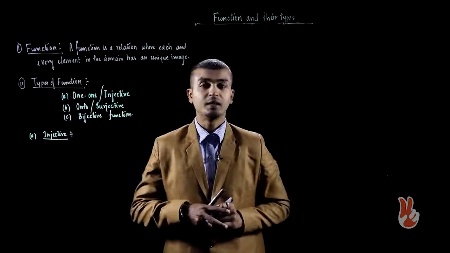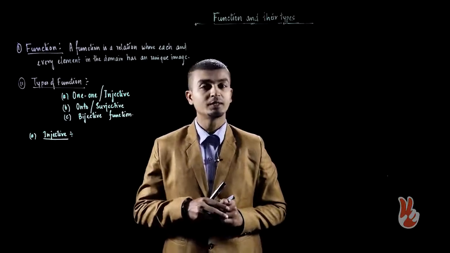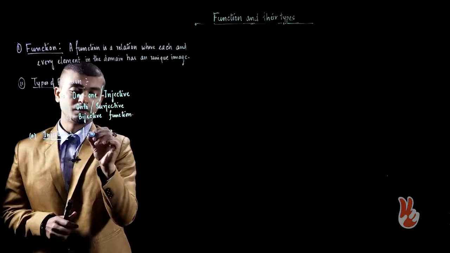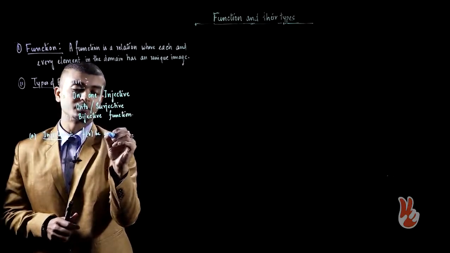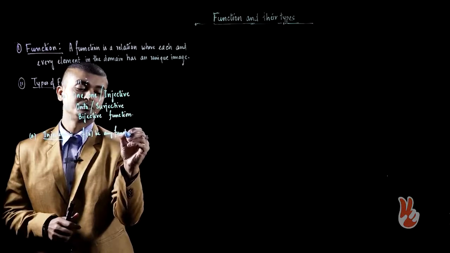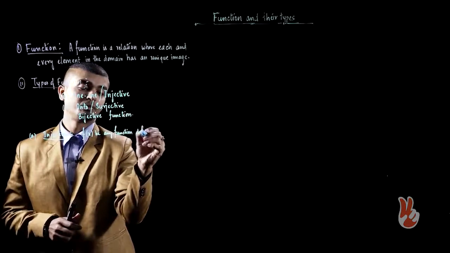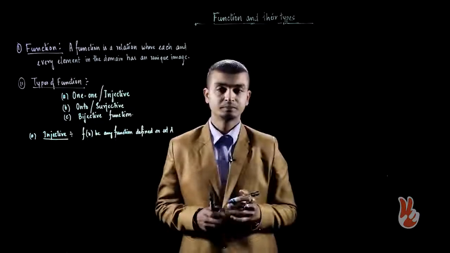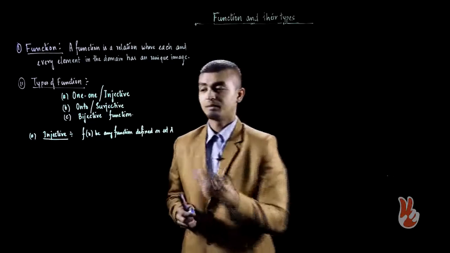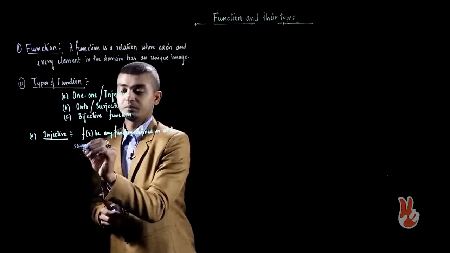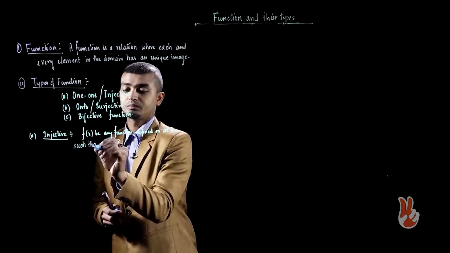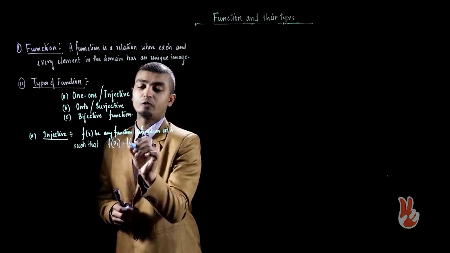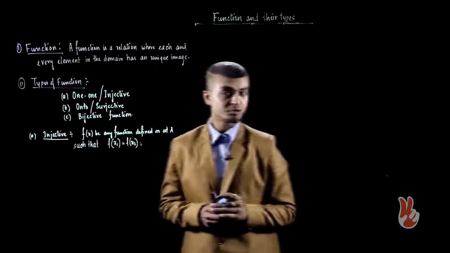Suppose f(x) is any function defined on a set A, such that f(x1) is equal to f(x2). What are x1 and x2?